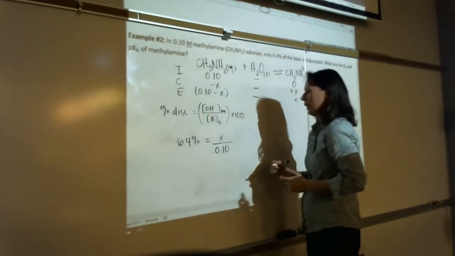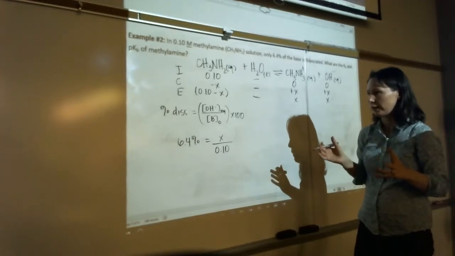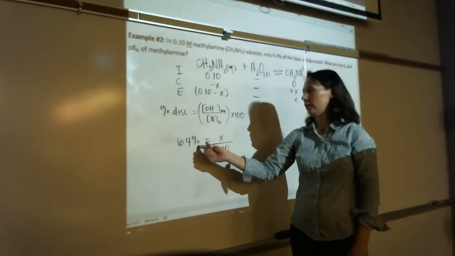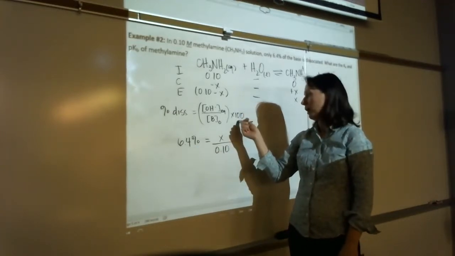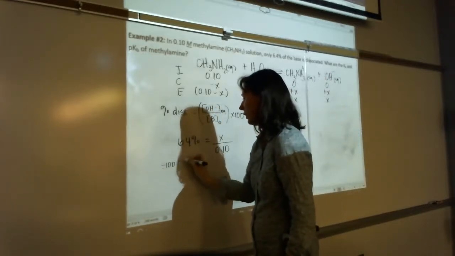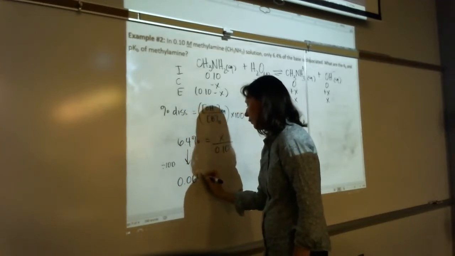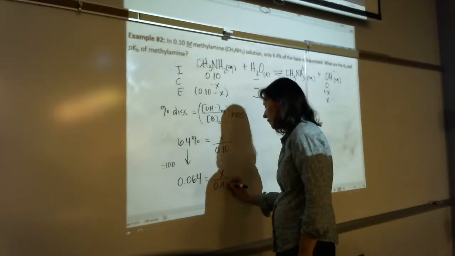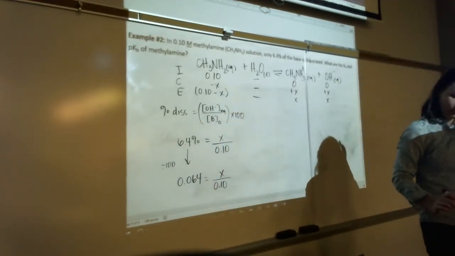Now, what's the one thing you need to do before you do any arithmetic? This is a percent, what should you do? Convert it into a decimal by what? Right, if it's being multiplied by 100 here, you need to divide by 100, so don't forget, divide by 100. So you'd say 0.064 is equal to x over 0.10. All right, does everybody see how we got that?